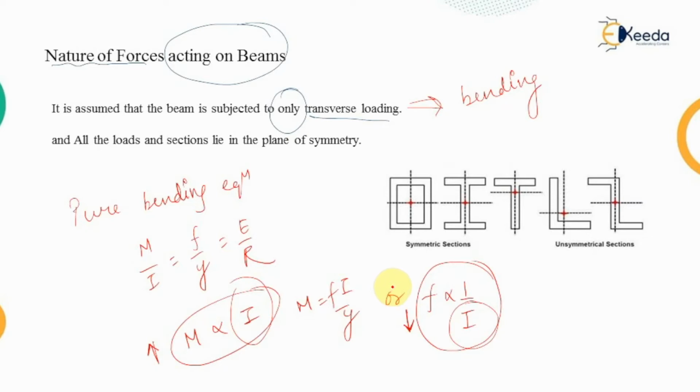That's why we try to provide the section in such a way that most of the material is shifted to the outskirts of the section, such that the moment of inertia increases, the moment carrying capacity increases and the stresses get reduced.